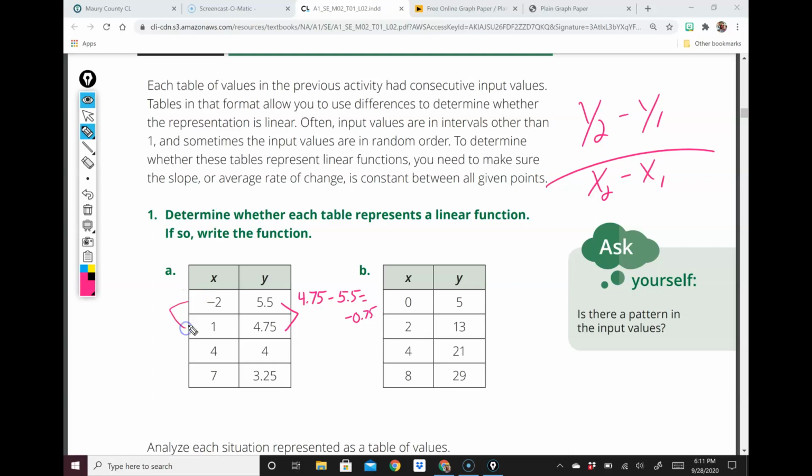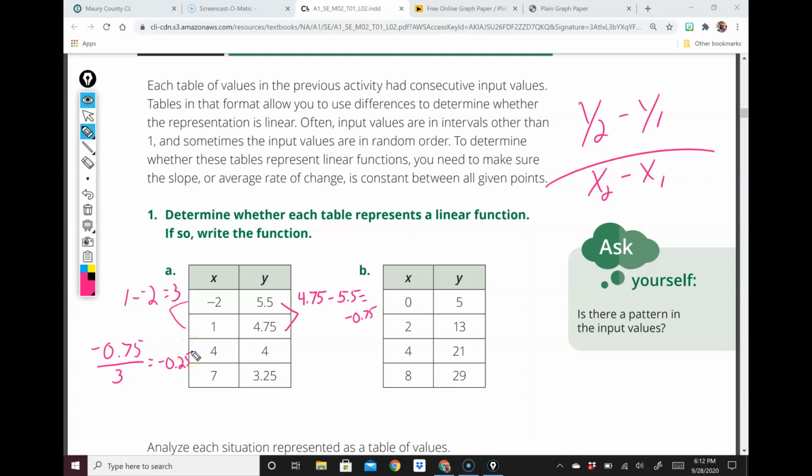And then over here, the difference of my x's will be 1 minus negative 2, which gives me 3. So if I divide that by 3, that gives me negative 0.25. So that would be my slope.